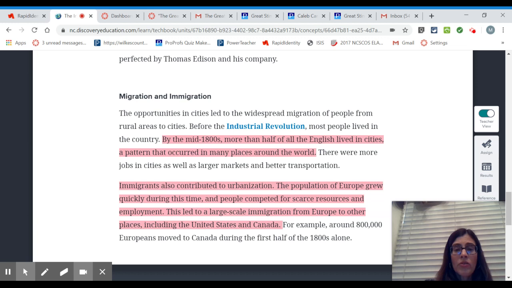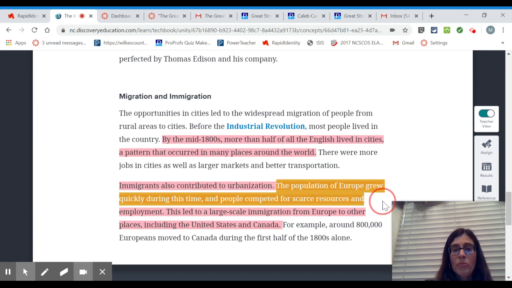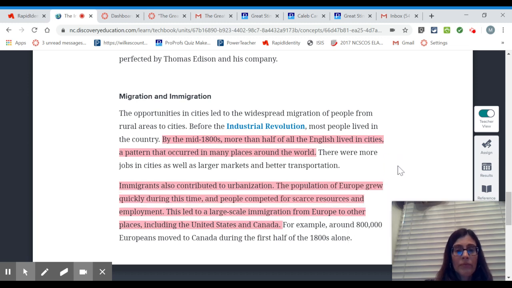So it says here that the population of Europe grew quickly during this time, okay, and people competed for scarce resources and employment. So this led to a population boom out of Europe for some people, where they knew that they could also move to find jobs.